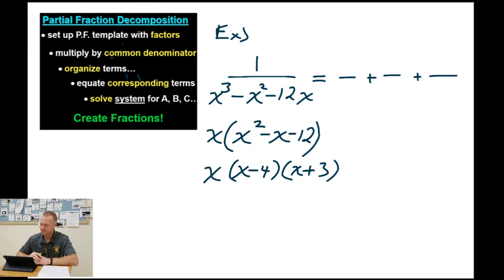Okay, so one of the denominators has an x, one of the denominators has an x minus 4, and one of them has an x plus 3. What goes in the numerator? How'd you do? We have 3 numerators. Okay, we're looking for A, B, and C.